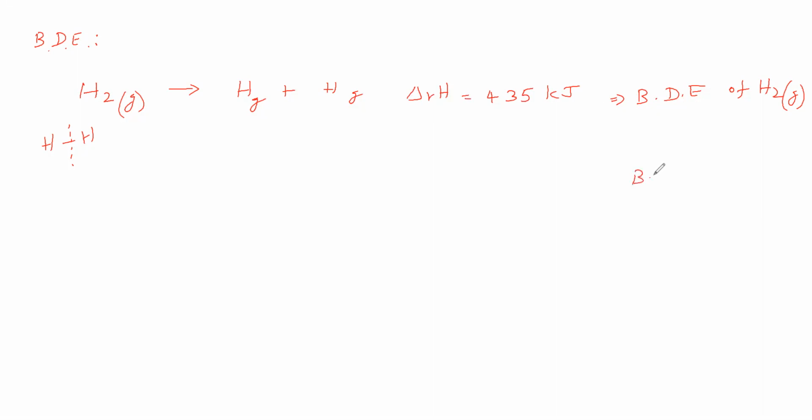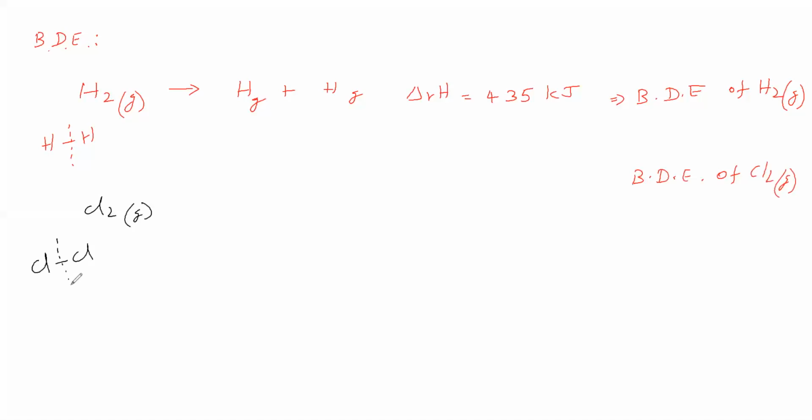Now the bond dissociation energy of Cl2 is given. So take Cl2 in a gaseous state. Take chlorine molecules in gaseous state. We can write this chlorine molecule like this.